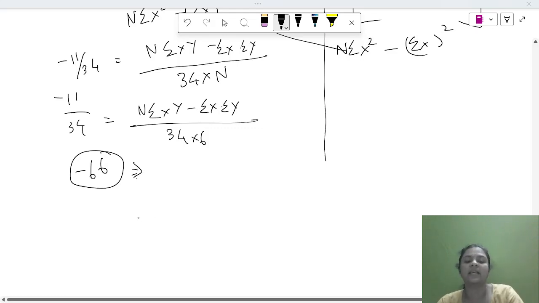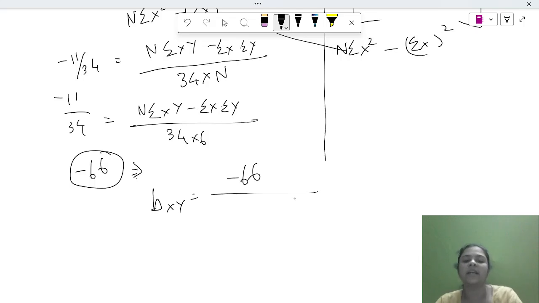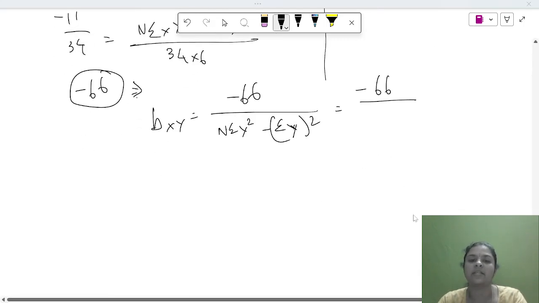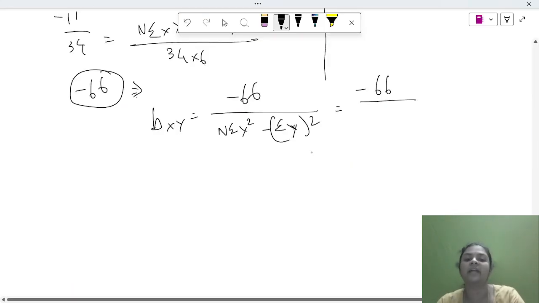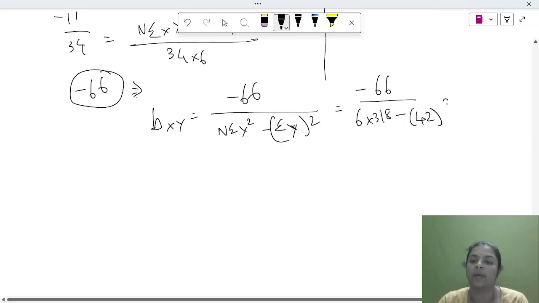Now they are asking you to find out bxy. For that, the numerator is not going to change. You can keep it as it is. Numerator is minus 66 divided by n sigma y square minus sigma y the whole square. So minus 66 divided by, let's see what values are given. N is given, sigma y square is 318. So 6 into 318 minus sigma y is 42, 42 square.